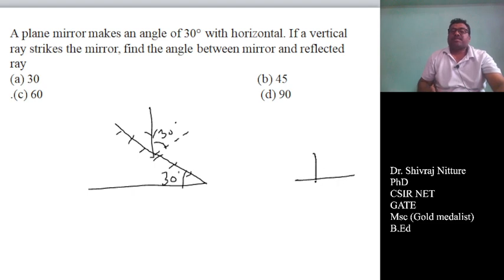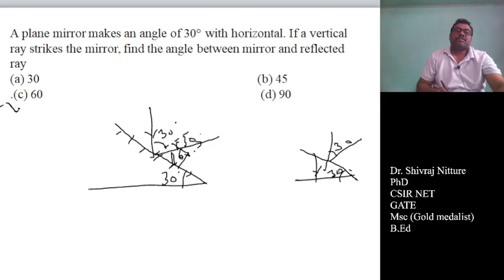If a ray of light falls along the normal, this is a normal incidence. If I lift this, then this ray will become like this, and this is the normal line. If this angle is 30, this angle is also 30. So this is the angle of reflection, and this angle is also 30. What is the angle between the mirror and the reflected ray? This total angle is 90, so the remaining angle is 60 degree. The answer is 60 degree.